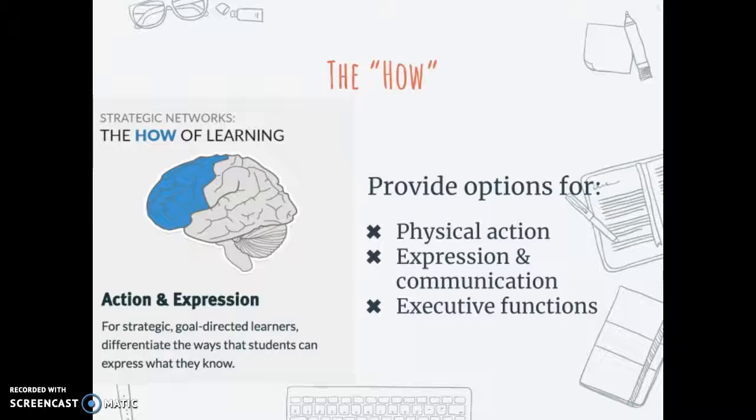Now, this principle is going to provide options for physical action, audio recordings, voice recognition software, wireless free keyboards, the ones that are not one big rectangle, but can actually maybe be manipulated and turned and twisted, or any other assistive technology. This principle is going to provide options for extra time for students to practice or process so that they can build fluency.